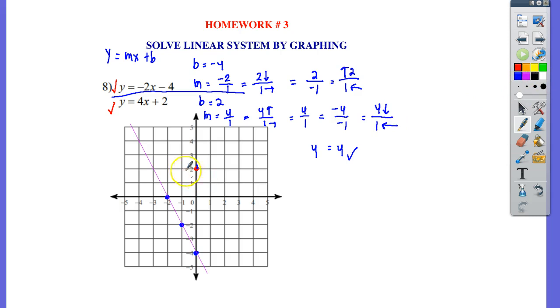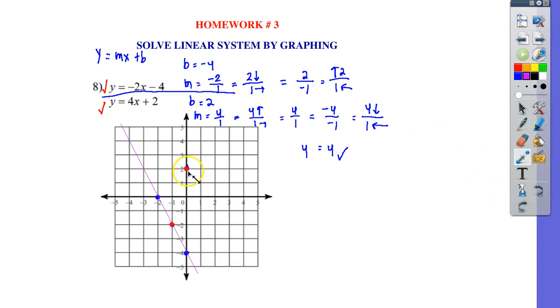Okay, so let's do that. Starting at the b value of +2, go down 4: 1, 2, 3, 4, then 1 to the left. Oh, right there. Right away you can see the point of intersection. So go ahead, connect those 2 points and then extend.